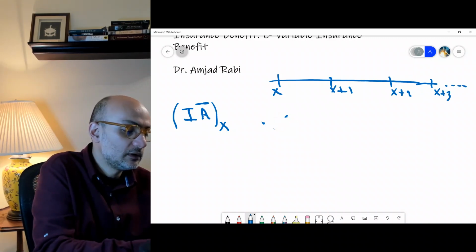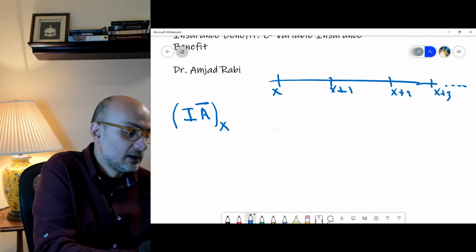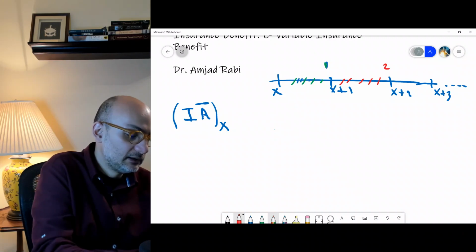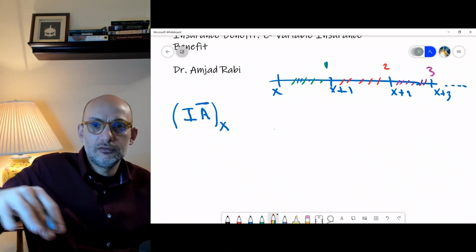If we want to see what it pays, it will pay 1 here if death occurs here. If death occurs here, it will pay 2. If death occurs here, it will pay 3.